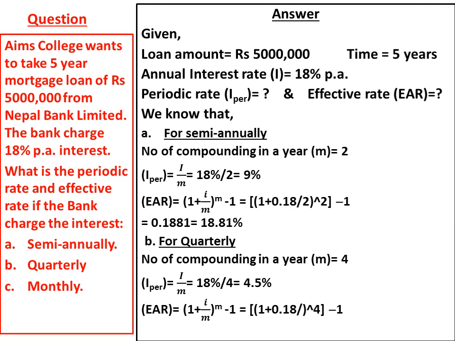You have to use 18% as 0.18 while calculating effective annual interest rate. Please pay attention to this while calculating EAR, and you can get the value of EAR equal to 19.25%. That is quarterly.